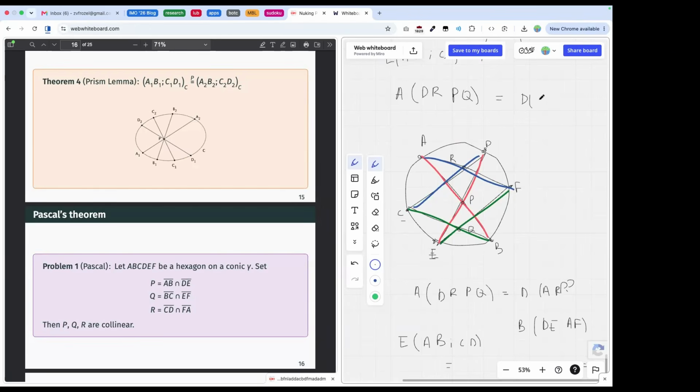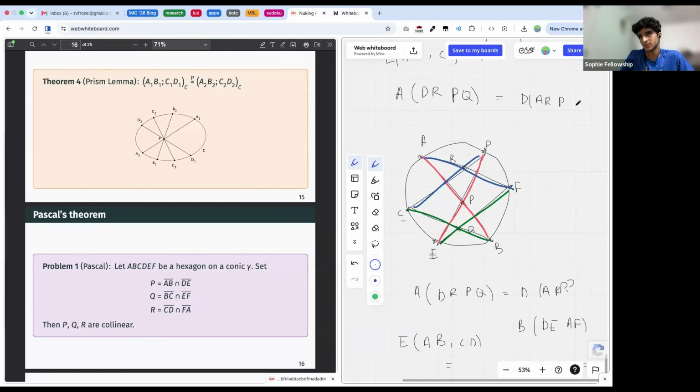Yeah, you could do a phantom point. Phantom point arguments are something I wanted to make a slide about because they're so commonly used in projective geometry, but I was lazy, so I didn't. I'm going to briefly outline the idea over here. We're going to take line PQ and let it intersect AF at R1 and CD at R2.